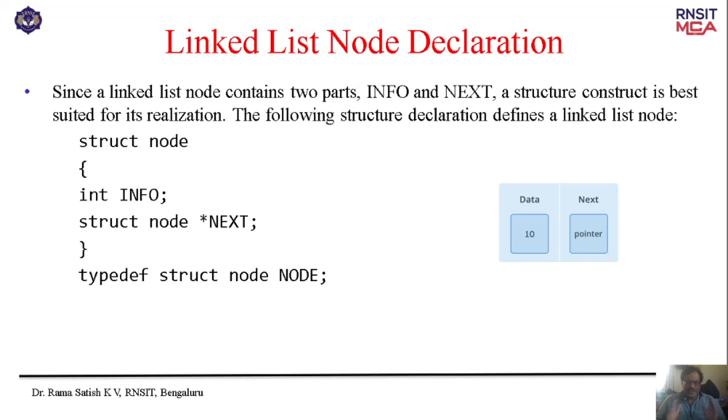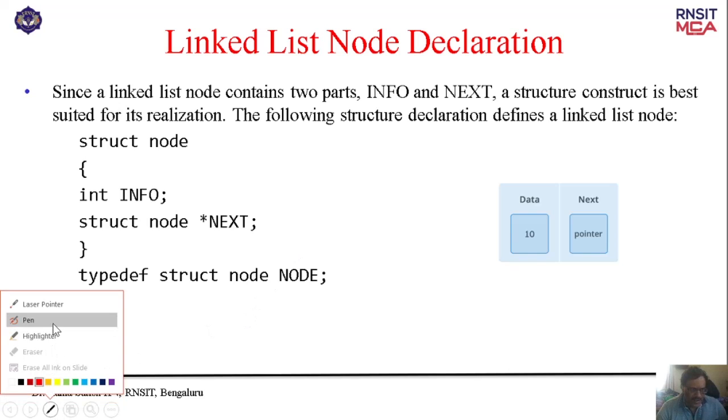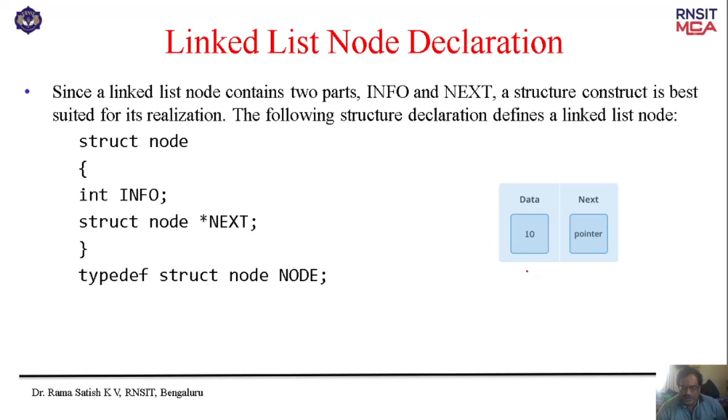First thing, linked list node declaration. You know very well, we have seen the node in the previous class. A node has two components: data and next pointer. In order to store these two elements, you create a struct, and you call the struct node. Info and next are the two components.